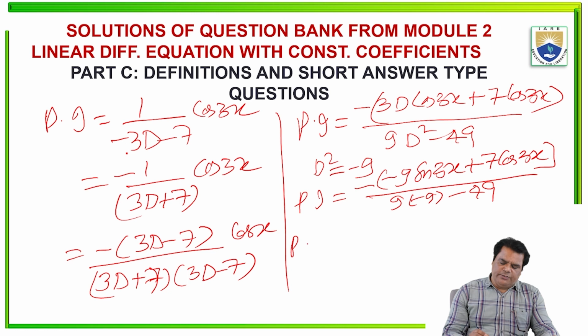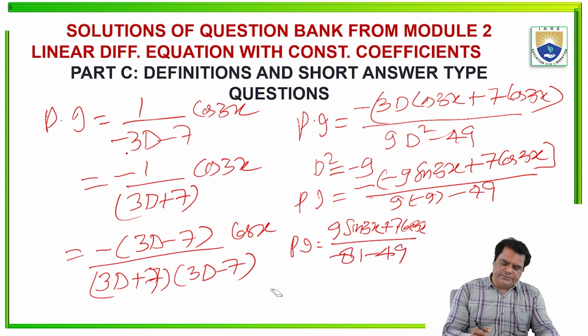So PI is equal to minus minus plus 9 sin 3x and plus 7 cos 3x, and upon minus 81 minus 49.